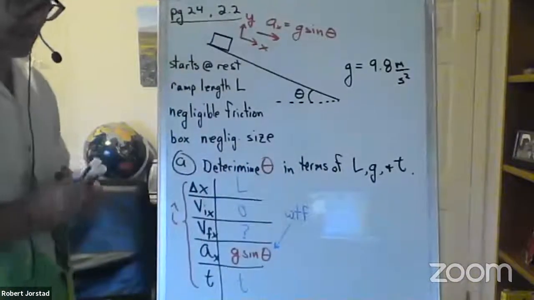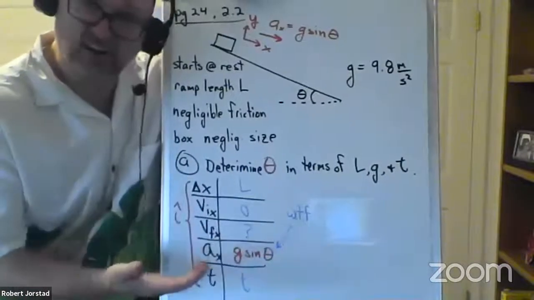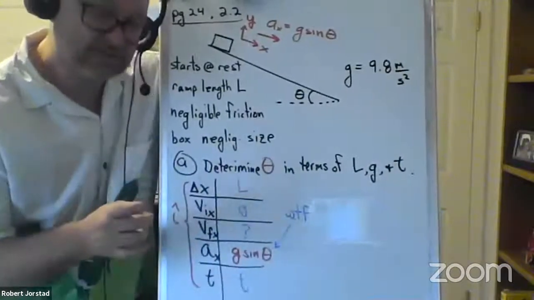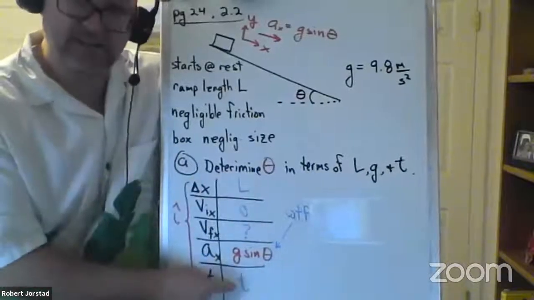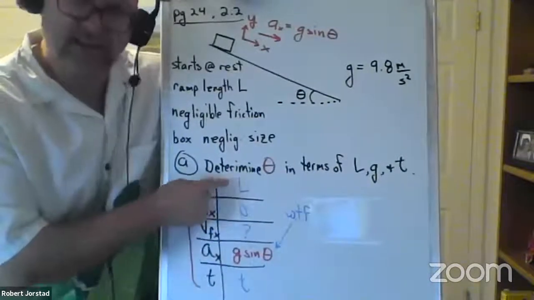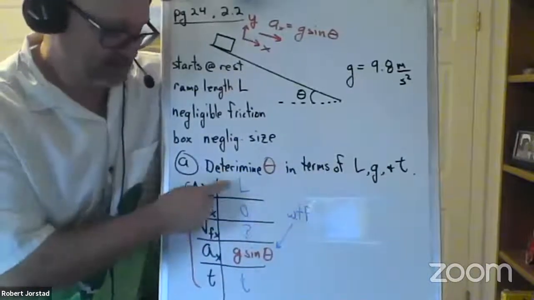The idea here is it looks like L and T and g are unknowns. However, you're supposed to know if they give you a variable in the problem and say the length is L, that's a given variable. So L is technically a known.